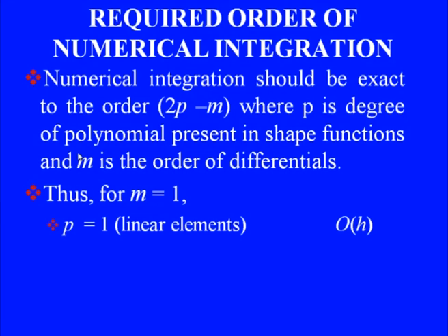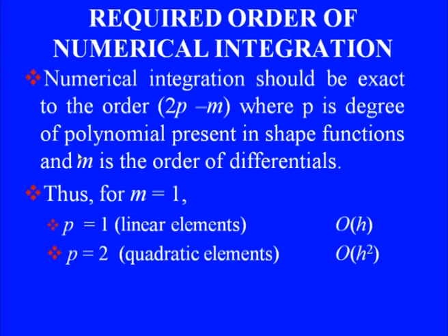So, if m is equal to 1, if you want to use linear elements, we should use only first order formula. For instance, in the case of triangular elements, just taking the value at the centroid should be good enough, use 1 point formula. If you are using quadratic element, use p is equal to 2, for quadratic elements use a quadratic formula, or in the Gaussian quadrature use 2 by 2 formula.